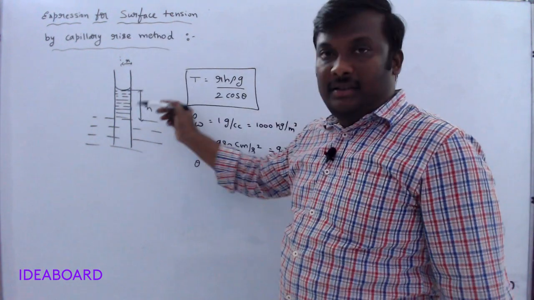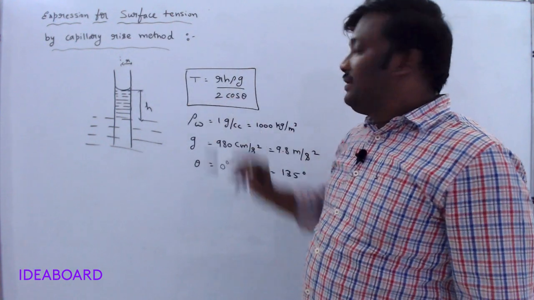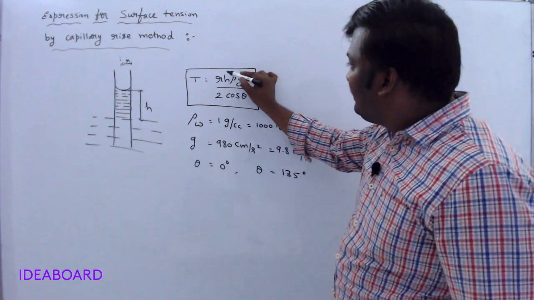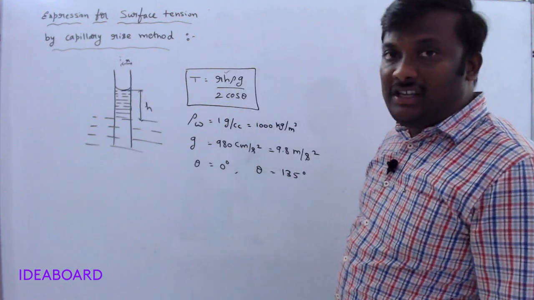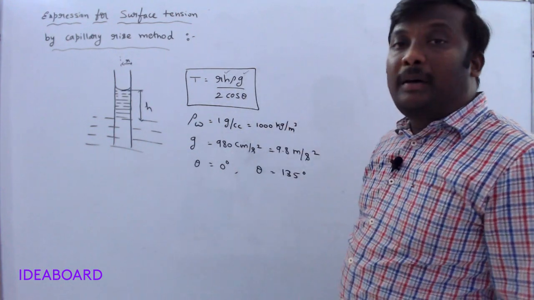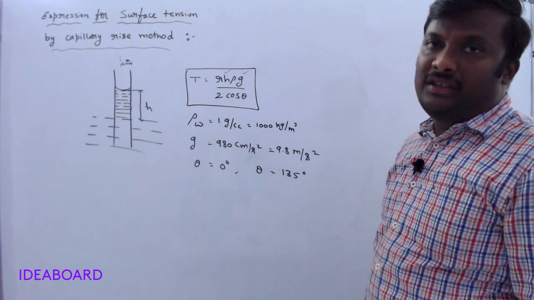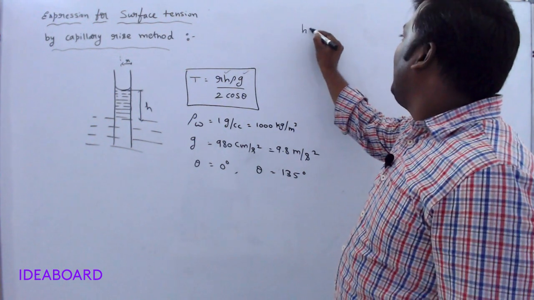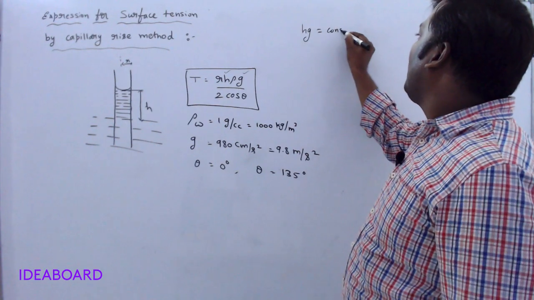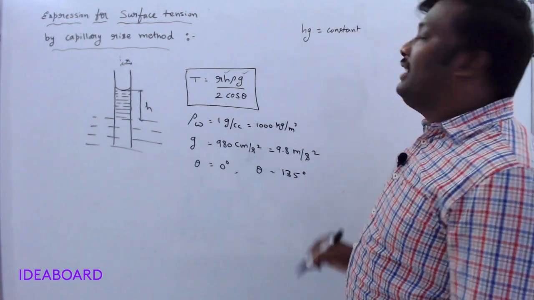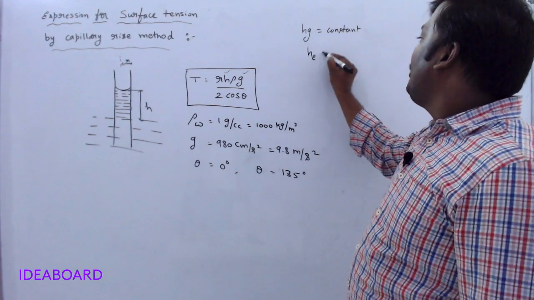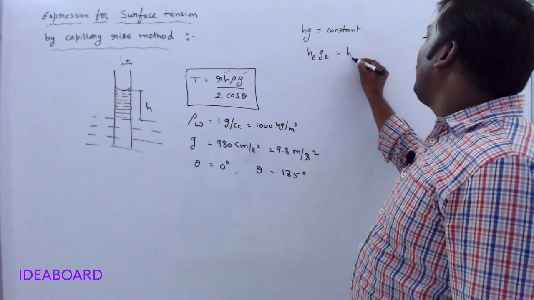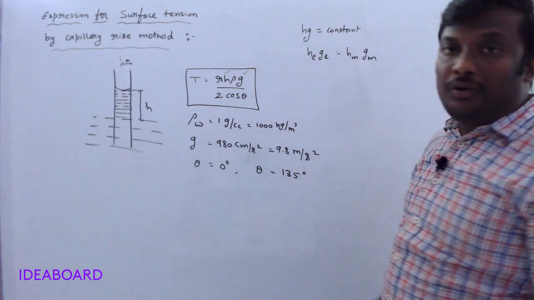Same apparatus, so radius is also constant. So which one changes? h changes, and from place to place g value changes. So what is the relation now? hg is equal to constant. When hg is constant, h earth g earth is equal to h moon g moon.